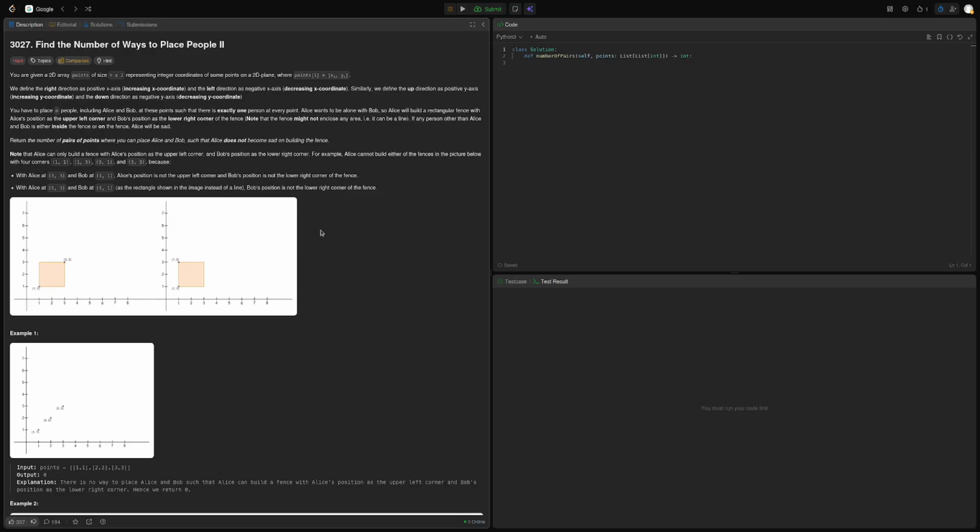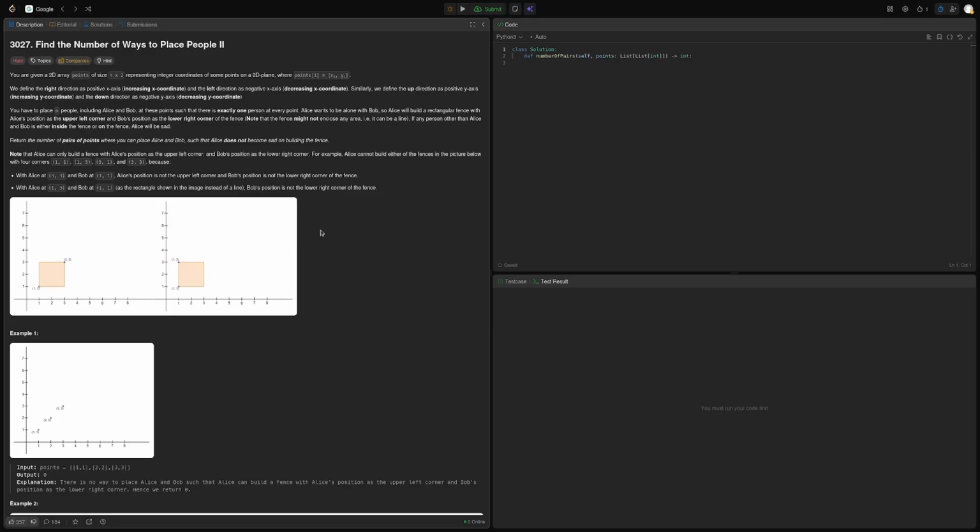So she will be in upper left and he will be in lower right. Okay.